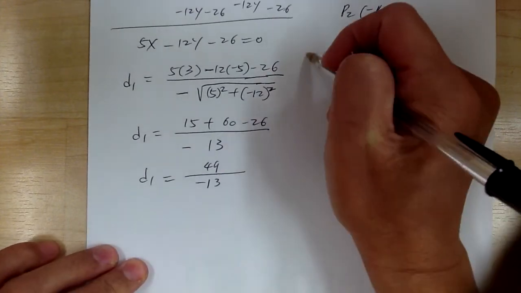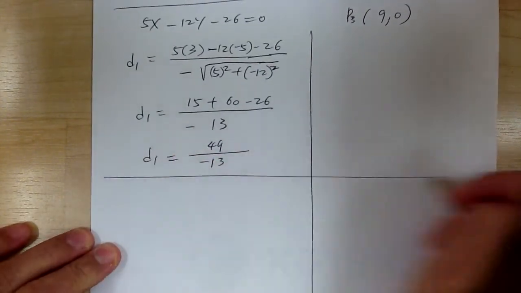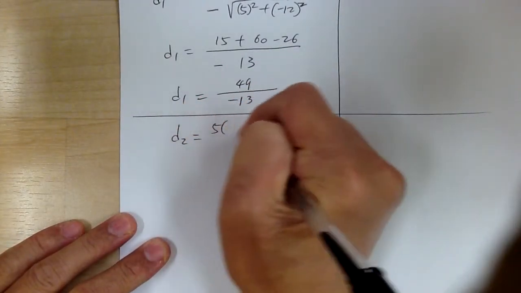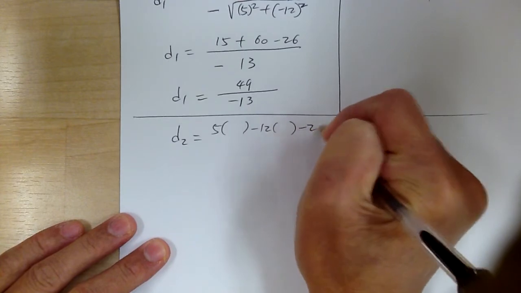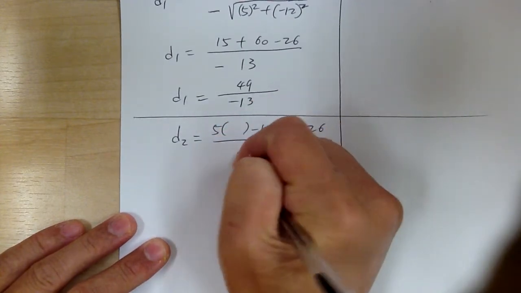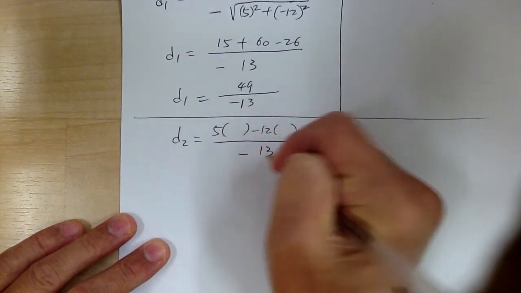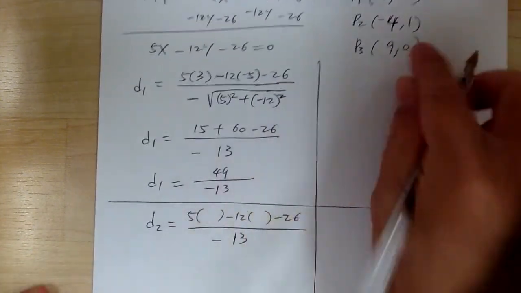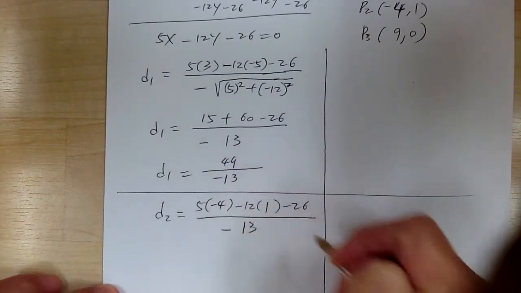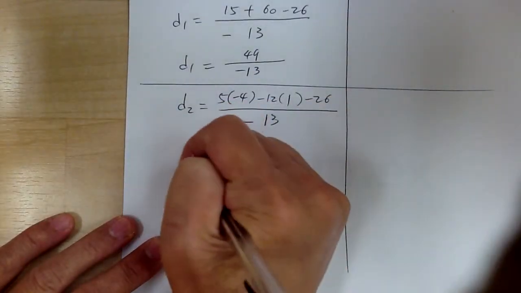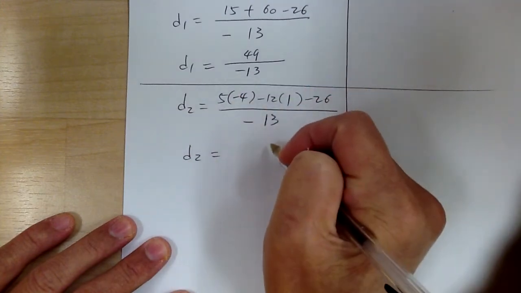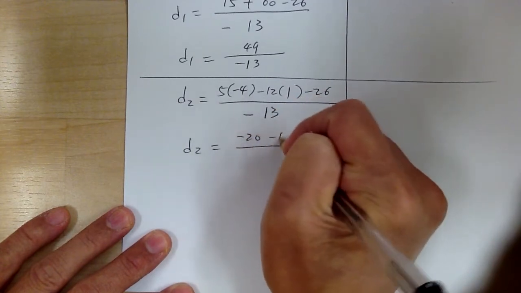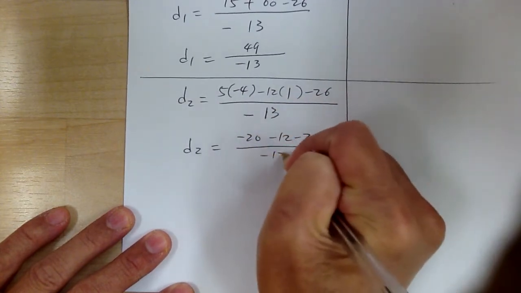Okay, and you do the same thing for D2. D2 equals 5 times blank minus 12 times blank minus 26 over negative 13. The D2 is for point 2, so it would be negative 4, 1. You work it out and simplify, and you might want to do extra steps: negative 20 minus 12 minus 26 over negative 13.